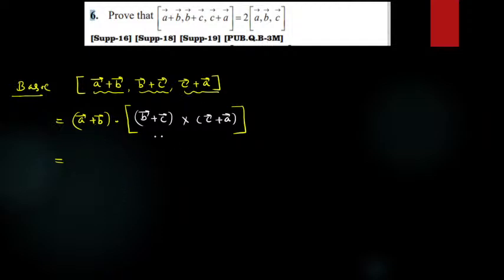Now whenever you get such things, just resolve the inside of the square bracket. First you go with the b. Here it is b cross c, the first one, b cross c, plus b cross a.